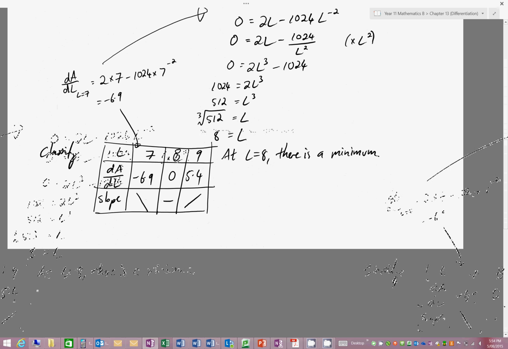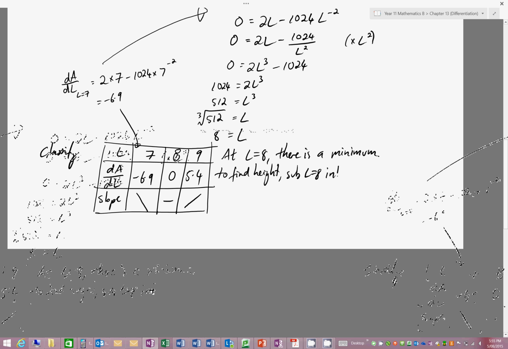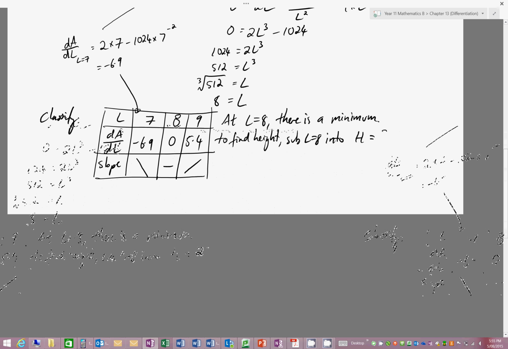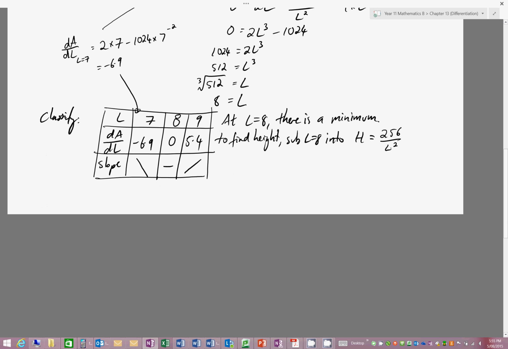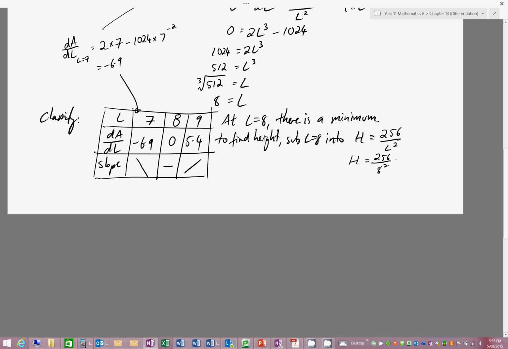To find the height, sub L equals 8 into H equals 256 on L squared. So 256 on 8 squared, which I think is 4.